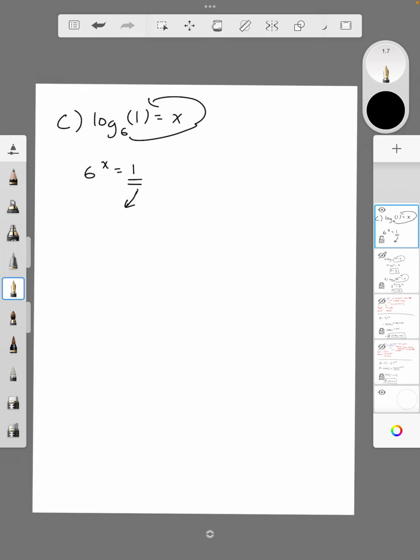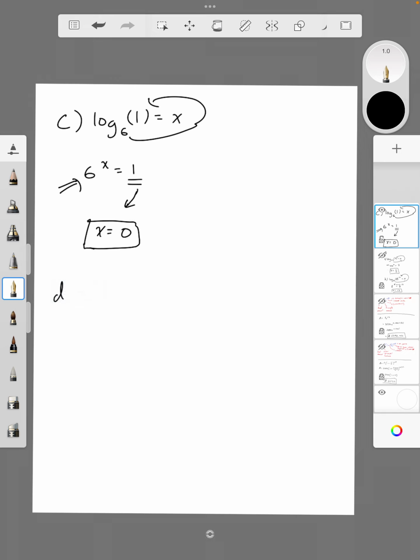So 6 to the 0 power is going to be 1. That's why x is equal to 0. So generally, if you have something to the something power equal to 1, most likely the exponent is going to be 0, because that's usually the only way you can get 1.